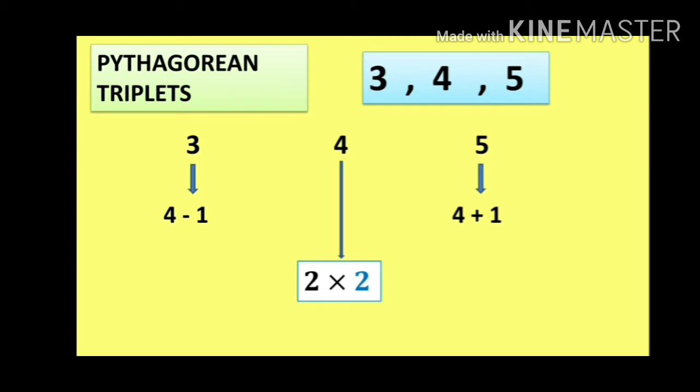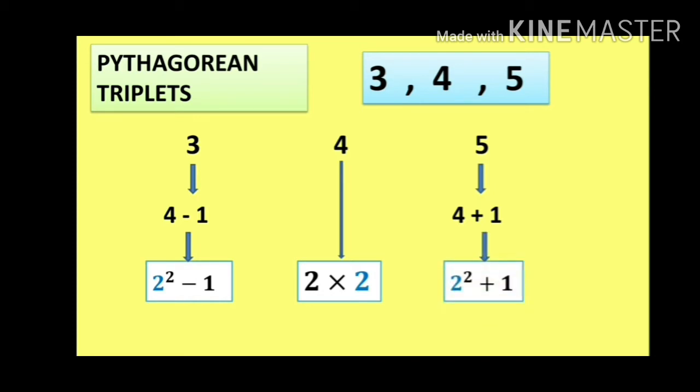Now 3 is equal to 4 minus 1. Here 4 minus 1 can be written as 2 squared minus 1, since 4 is 2 squared. And here 5 is written as 2 squared plus 1. Now here you have to note the number 2 in the blue color.